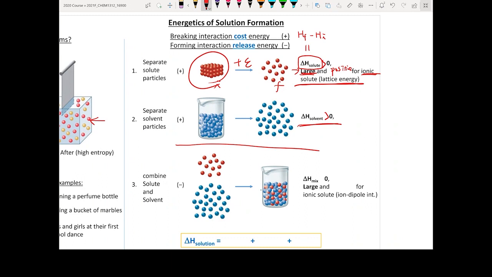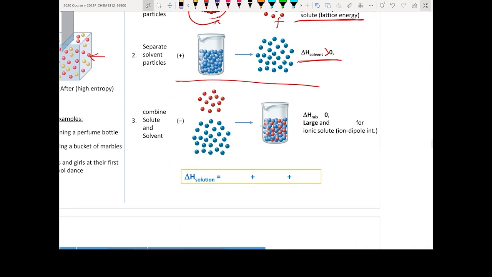Once you have separated your solute and solvent molecules, you mix them together. Once mixed, your solute and solvent are going to interact with each other, and that's where you see the solution form.